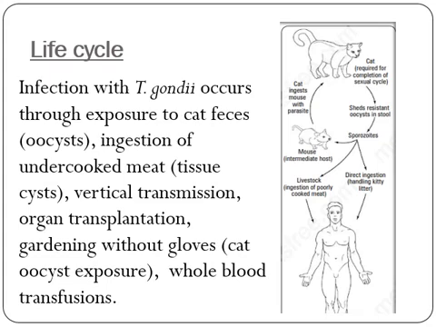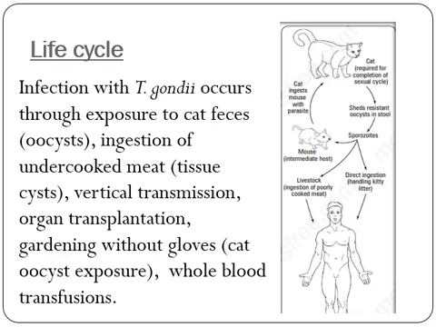Man can be infected through ingestion of the cat oocysts, and also from ingestion of undercooked meat having tissue cysts from any animal we can eat, also from vertical transmission from mother to fetus through the placental barrier.